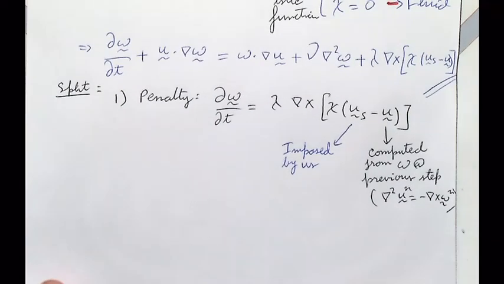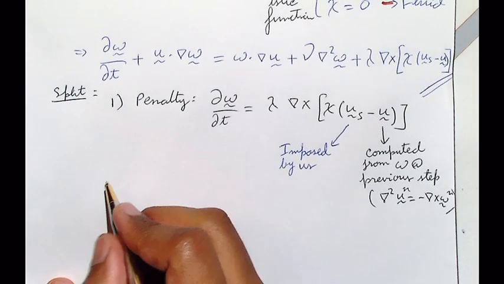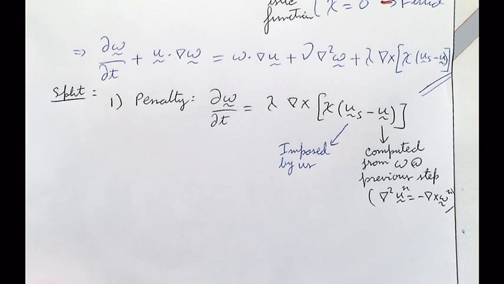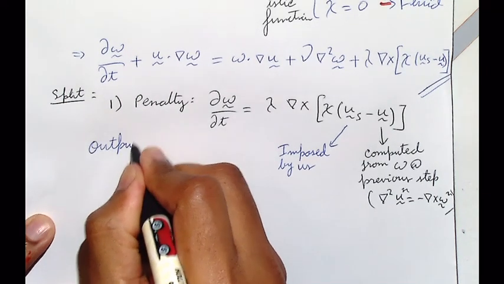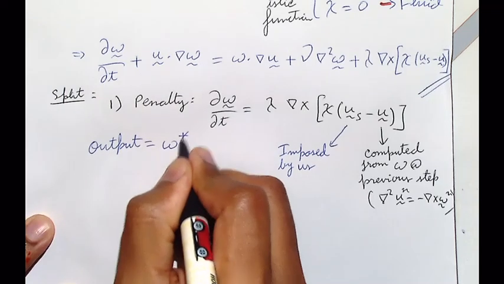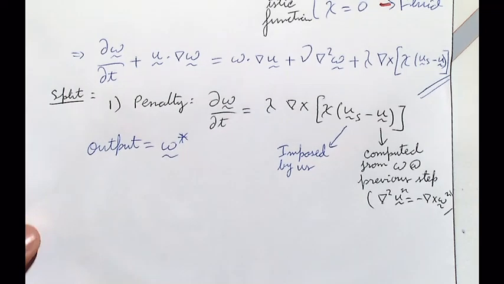Okay, that's the first split. What do you want me to do next? Let's say the output of this is omega star. What should I do next?